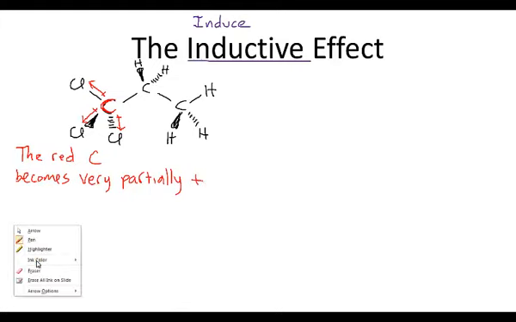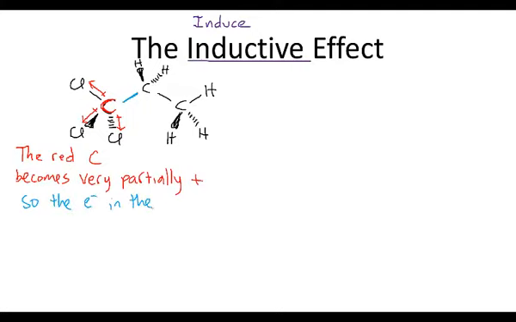So if I draw that next carbon-carbon bond blue, the electrons in that carbon-carbon bond are now going to get pulled towards the red carbon.